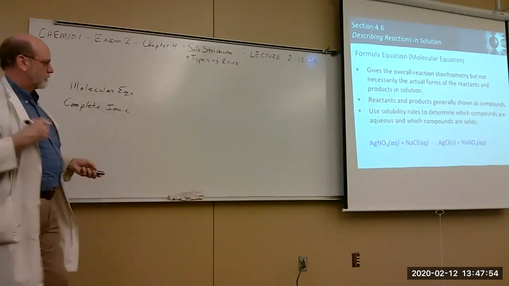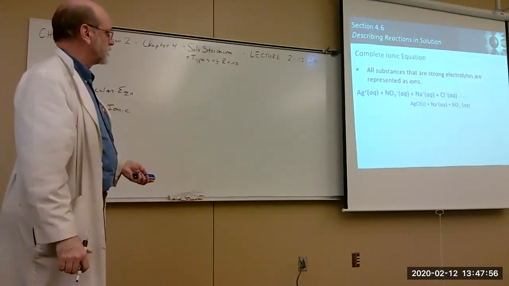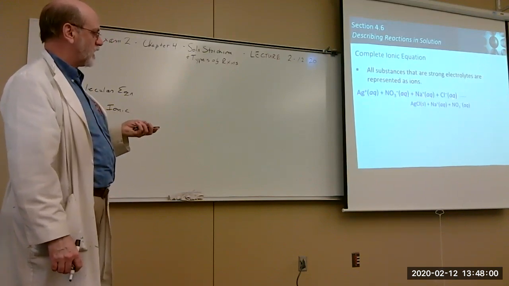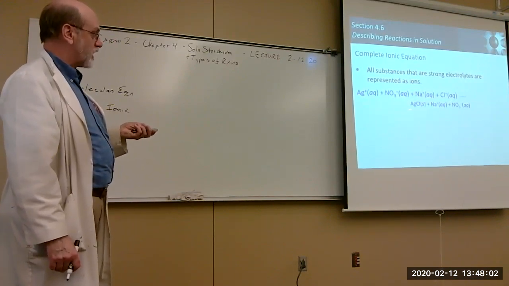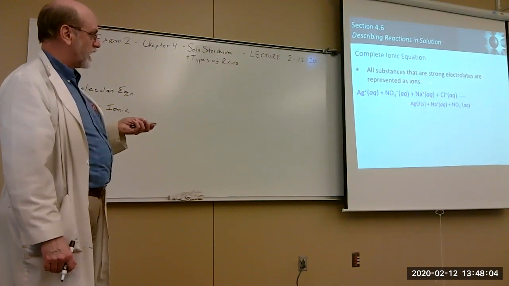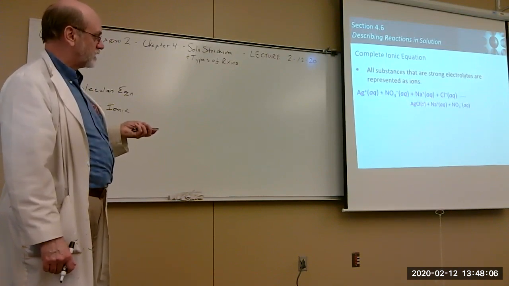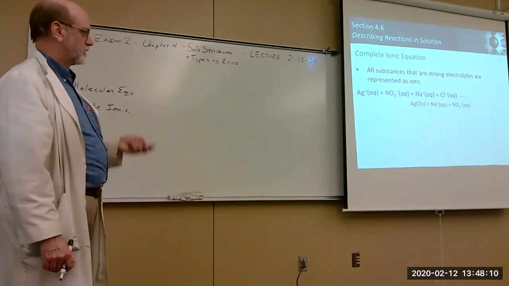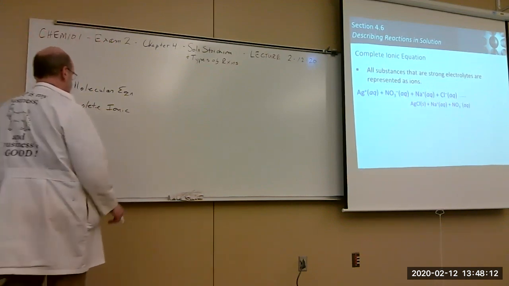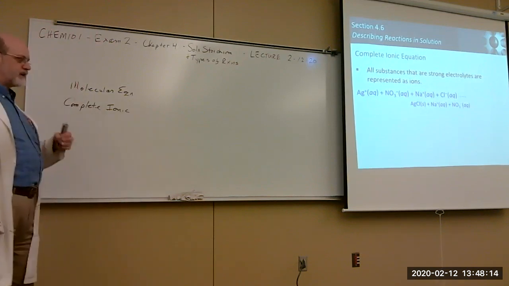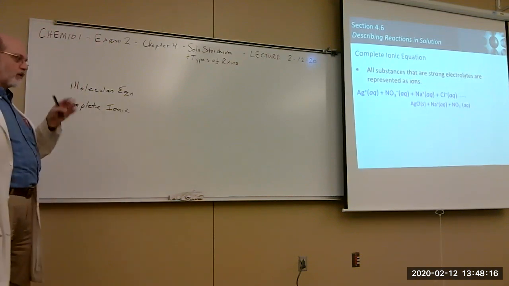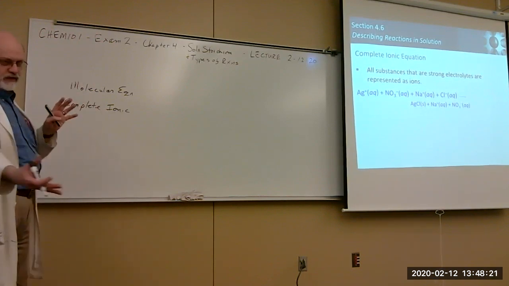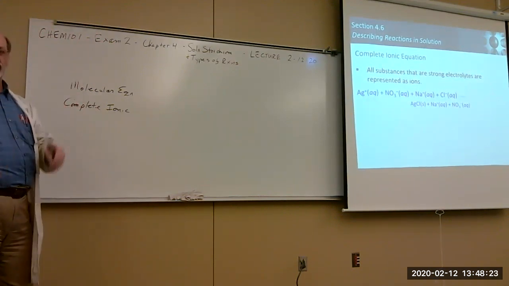You'll notice that, here we go, there's a complete ionic equation of silver nitrate plus sodium chloride. Silver chloride is insoluble, so the silver combined with the chloride to make this solid. And you still have sodium and nitrate on both sides. So what that means is, if you see an ion on one side, and you see the same amount of that ion on the other side, you can cancel them out.